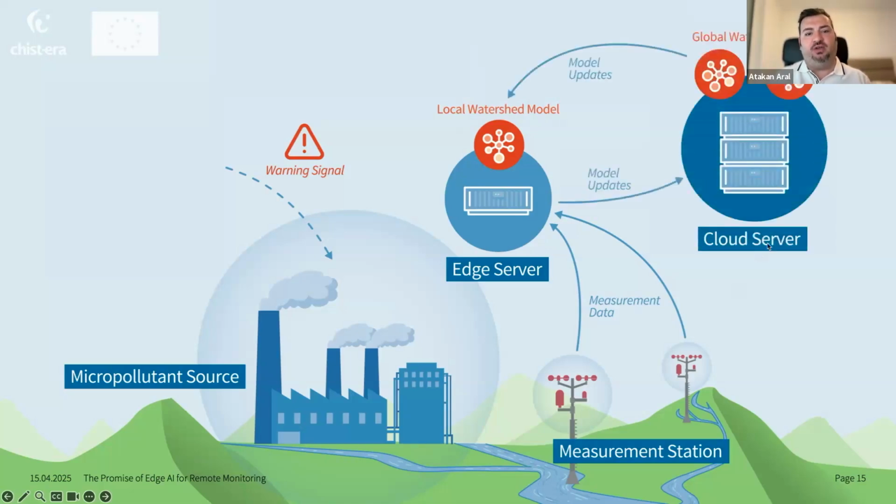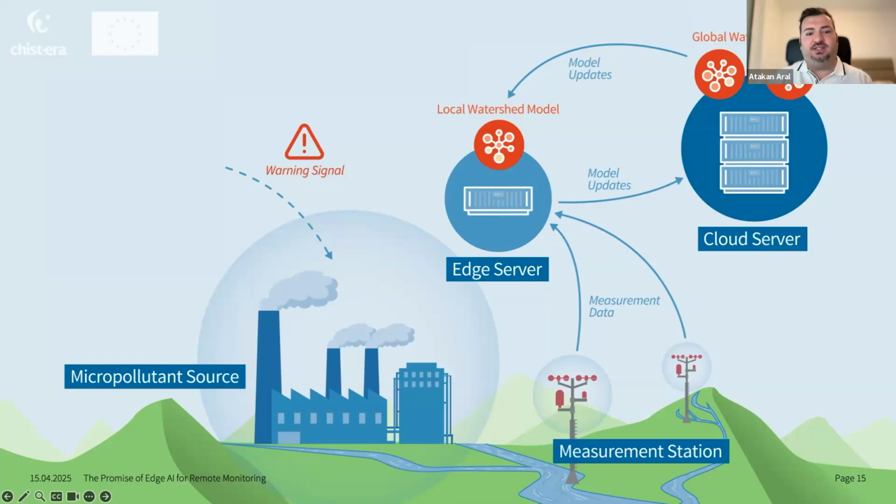We also have a remote data center with much more computational capacity, which models the whole river and has a bird's eye view of the whole environment. These two models periodically communicate, with model updates going to the cloud server and updated global models coming back to the edge server.